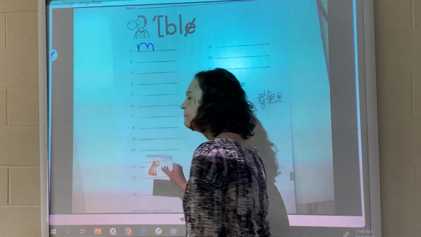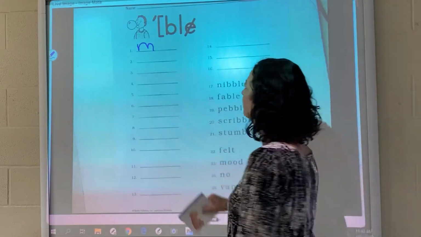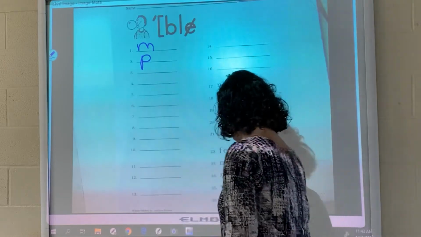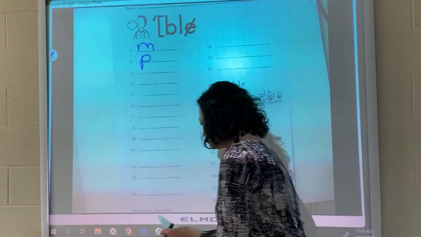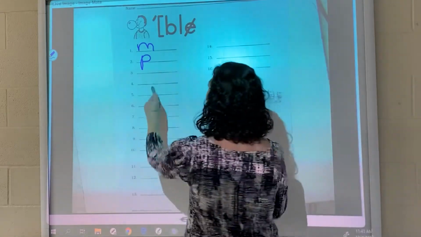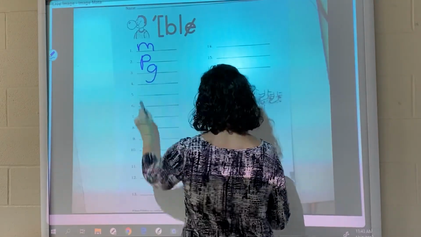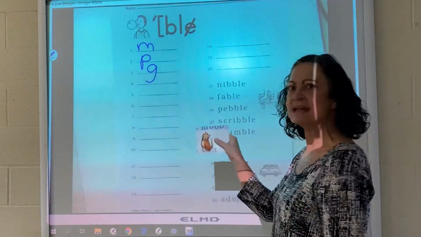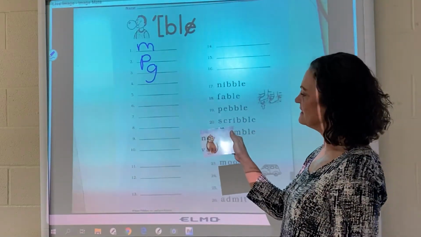Then we have pig, a picture of a pig. That is a P. Picture of a goat, a G. Picture of a cat. That is a C.